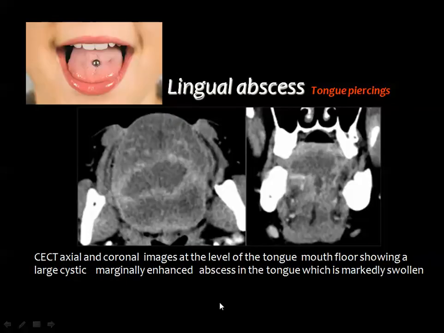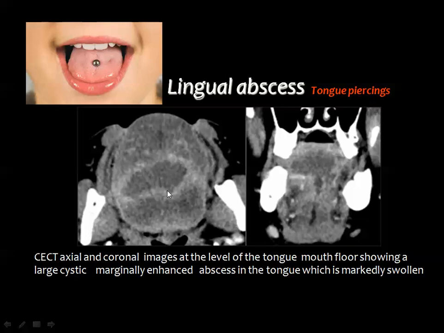One of the leading causes for tongue and oral cavity infection is the tongue piercing, and many times these instruments may lead to a localized infection, and this infection will progress to form a big abscess in the tongue.